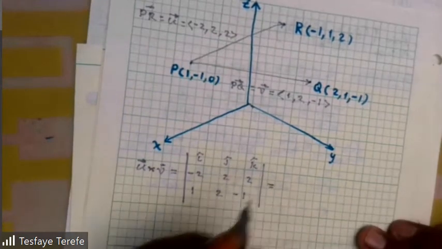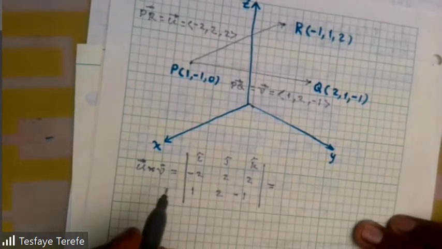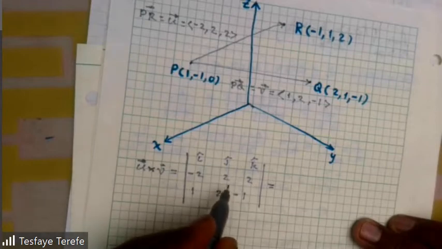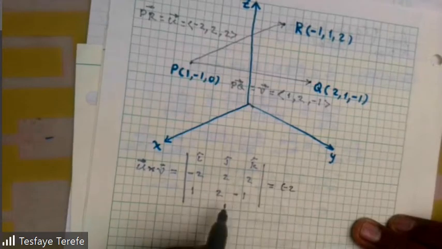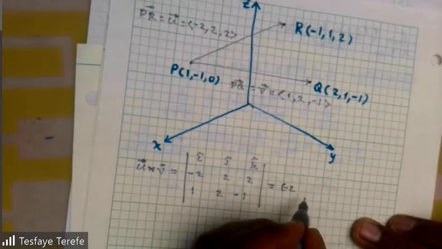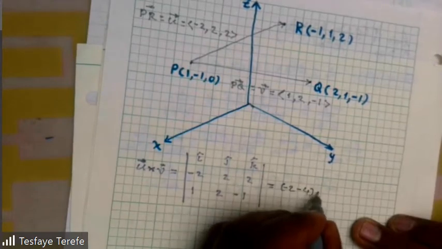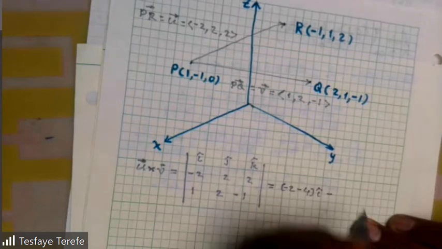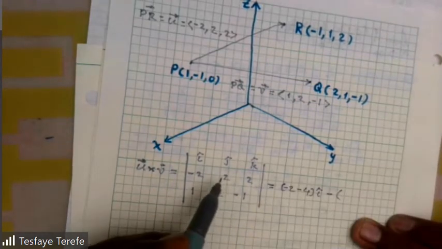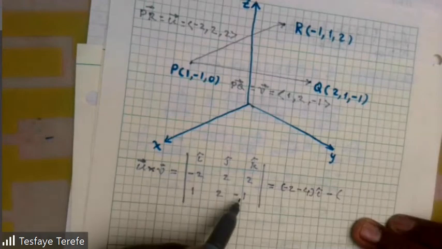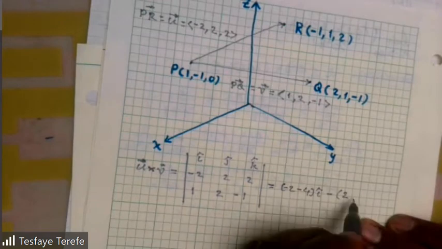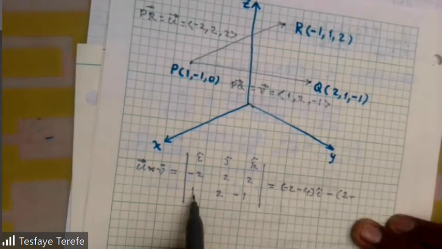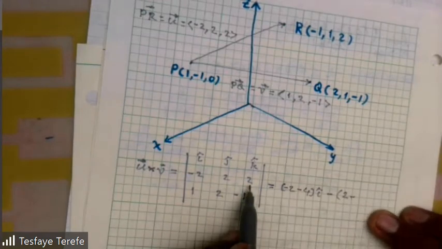All right. So the first vector that we are going to get, with the i component: 2 times -1, which is -2, and minus 2 times 2, which is 4. And the i component, minus, and the j is -2 times -1, which is 2, and minus 1 times 2 is 2.